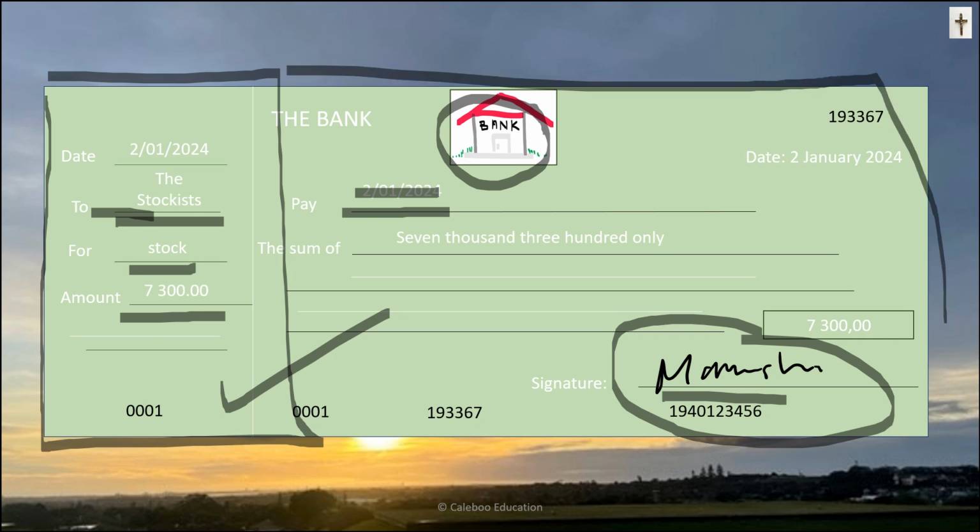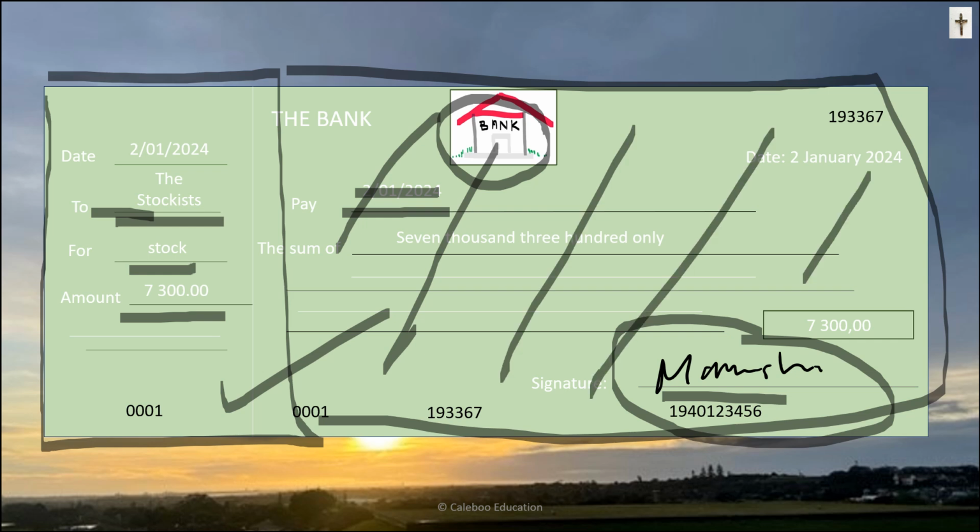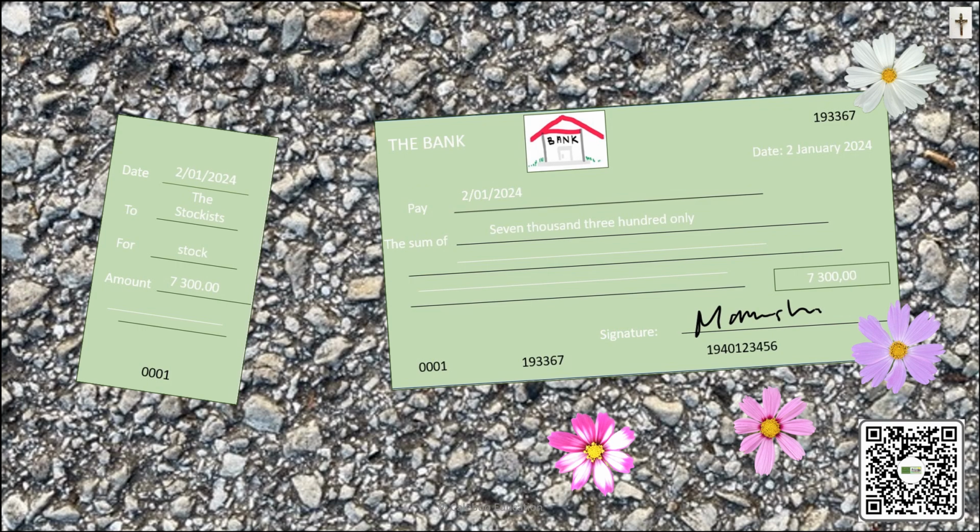The other side of the check, which I'm shading in, not crossing out, just to indicate that part of the check is issued to the stockist, and the stockist will deposit that at the bank in order to obtain the money. And here I've gone and divided the check and the check counterfoil.